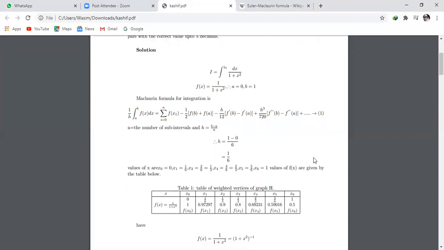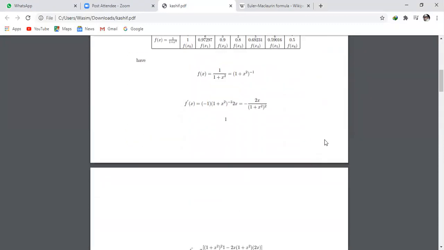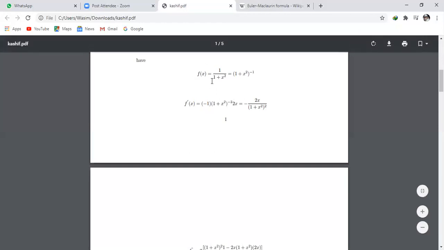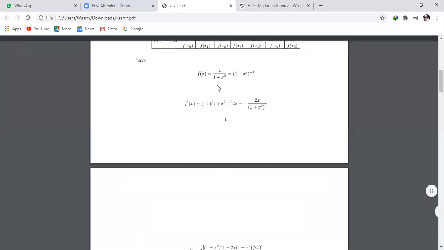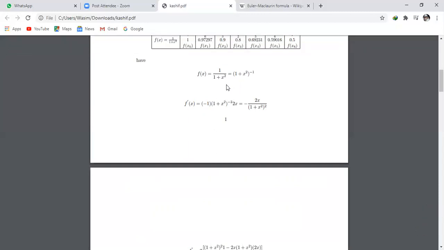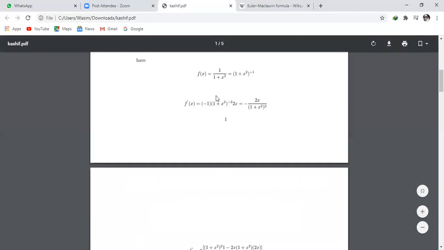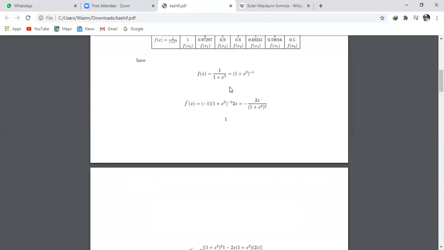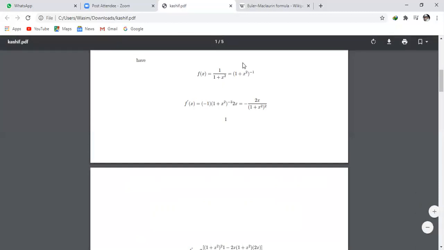Now the function is again taken: let f of x be equal to 1 by 1 plus x square. Here we take the inverse of 1 plus x square, and then the first derivative is f prime of x equal to minus 1. As you know, what is the derivative of this term?